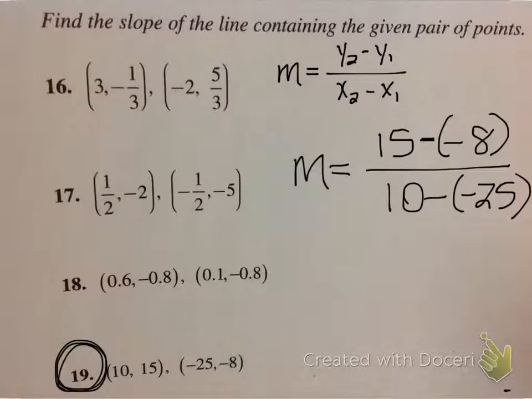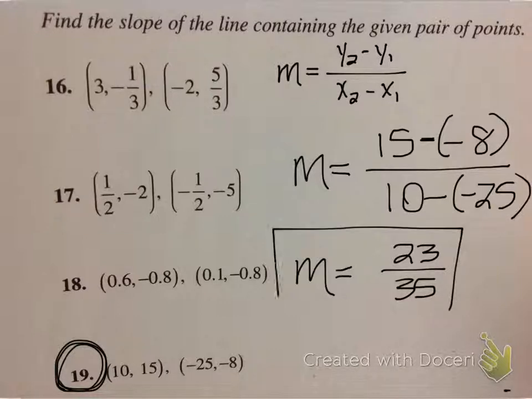If I would have done negative 8 minus 15, then I would have done negative 25 minus 10. You just have to be consistent. So this is going to give me a slope of 15 minus negative 8 would be positive. It'd be plus 8, so it's going to be 23. And 10 minus negative 25, that'd be 10 plus 25, is going to be 35. So my slope for number 19 is 23 over 35, just by using my formula.